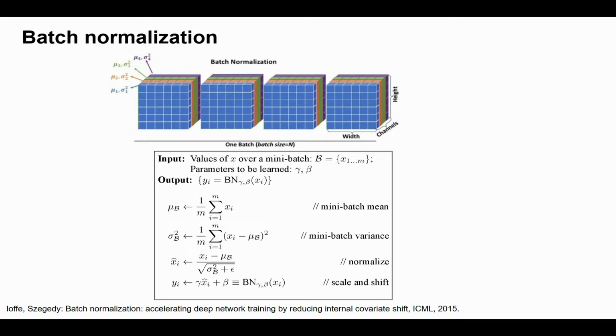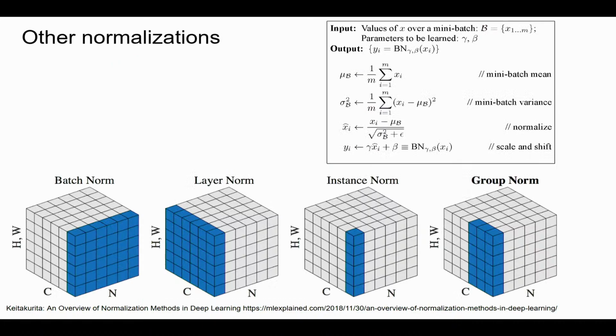I'm not sure how it is elsewhere, but in vision, batch normalization is most common, but we use a few different types. They are almost the same. Let's say the batch normalization here, it's hard to render 4D cubes, so here we have just a 3D cube, and this vertical dimension is the spatial dimension combined.